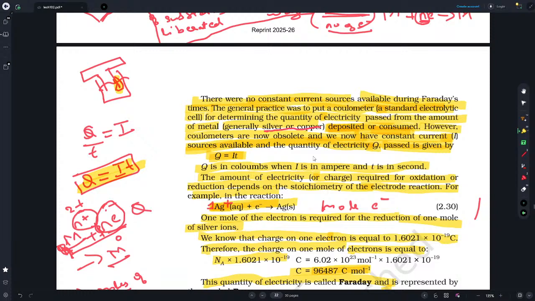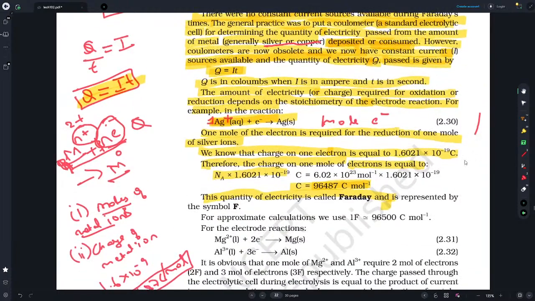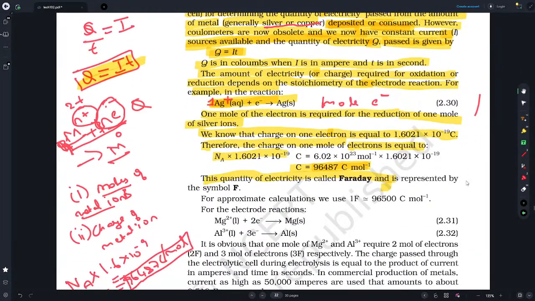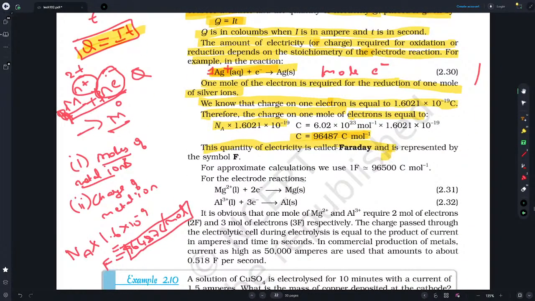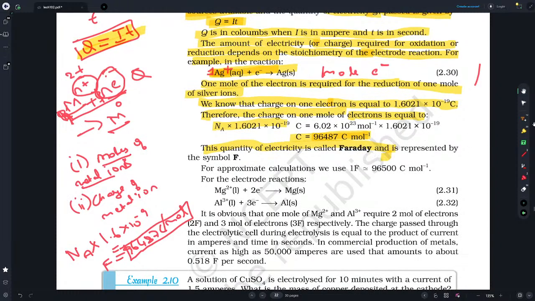Since there was no indication of how much charge was used, Faraday defined a constant called the Faraday constant, with a value of 96,487 coulomb per mole, represented by the symbol F. For approximate calculation, we can use 96,500.